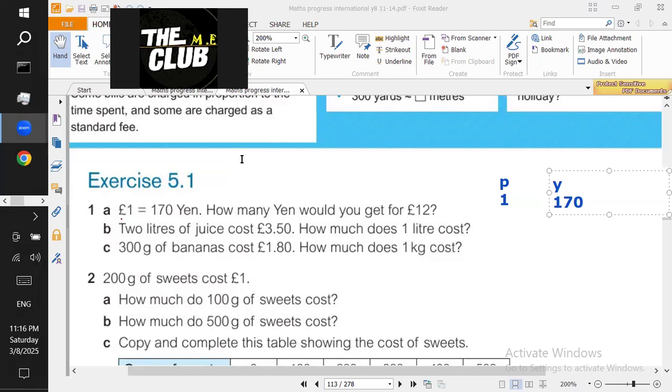Okay. So 1 pound equals 170 yen. Now, how many yen would you get for 12 pounds? This one is 12 pounds, so I'm going to put it under the pound here. And then I need to find out how many yen that will get me. So I'm going to put an empty box here, and then use the X method.